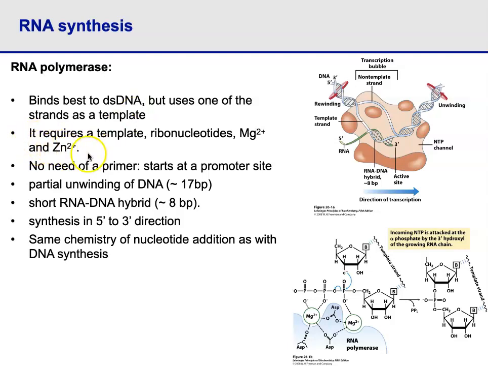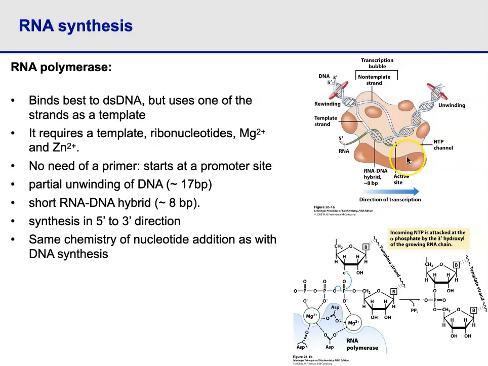It does require a template, nucleotides, and ions such as magnesium and zinc. It does not need a primer, but it does start at a specific site known as the promoter site. And that site has a binding element that recruits the RNA polymerase to bind to it.